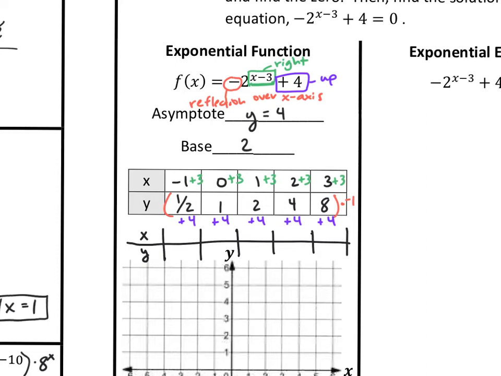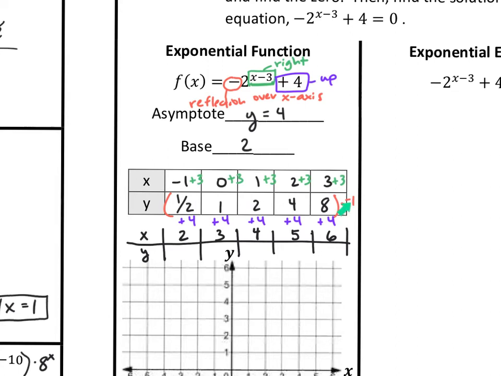So let's add. What's -1 plus 3? That's 2. What's 0 plus 3? That's 3. What's 1 plus 3? 4. What's 2 plus 3? 5. What's 3 plus 3? 6. So those are all my new x values. My y values, I'm going to do 2 steps.